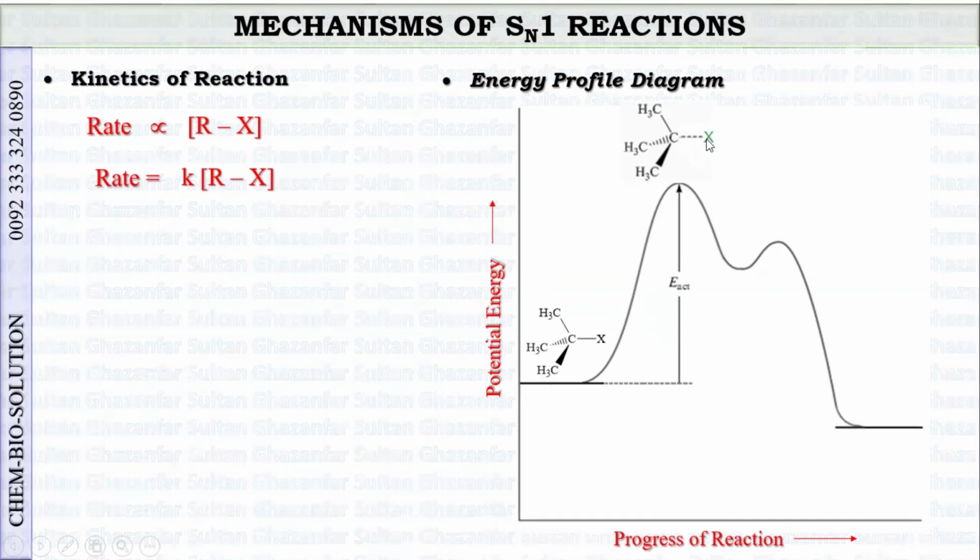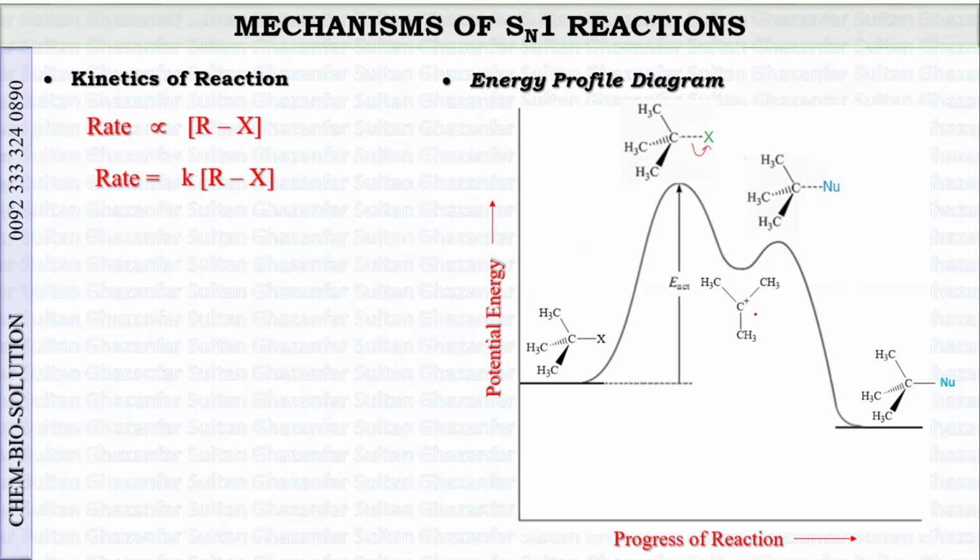So the carbon-halogen bond is being broken, and when it is broken, then a carbocation intermediate is formed, and this carbocation intermediate then interacts with a nucleophile, and the nucleophile approaches the carbon and forms the bond, and finally a nucleophile-carbon bond is formed.